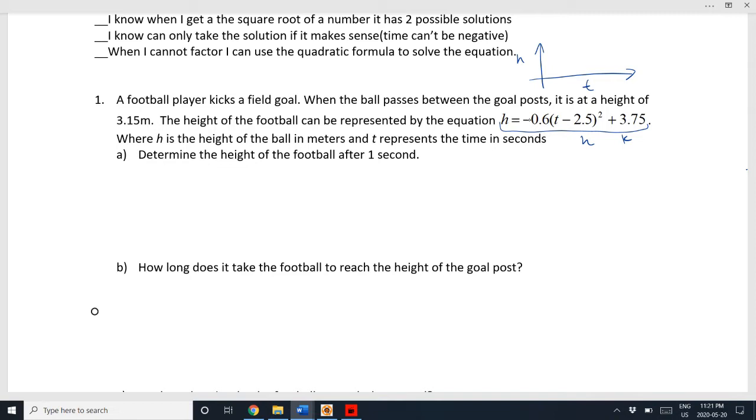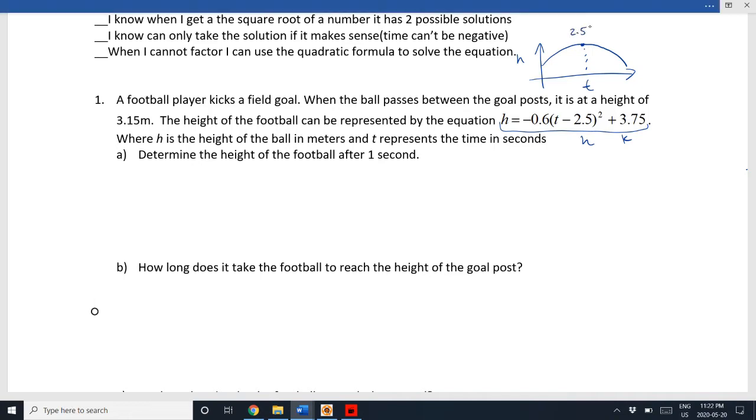And we know that a is negative, so the parabola opens downward. So we can imagine the football flying through the air like this. And we know our vertex is going to occur right here, at (2.5, 3.75). So at 2.5 seconds, it's going to reach a maximum height of 3.75 meters.